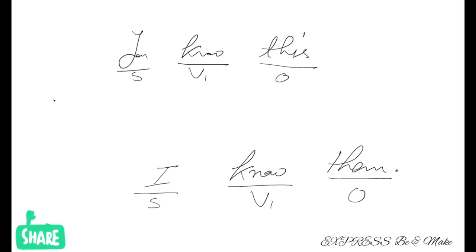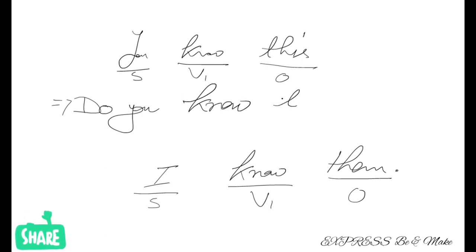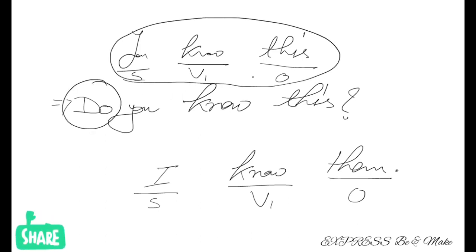So the rule is: start with "do", then write the subject, then the present form of the main verb, that is "know", and the object. Do you know this? You can see what I have done. I have just written a new word "do", and everything is the same. From the question and the answer you can match it, my friends.